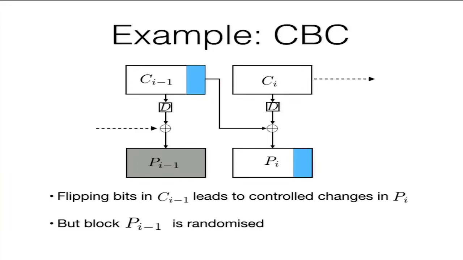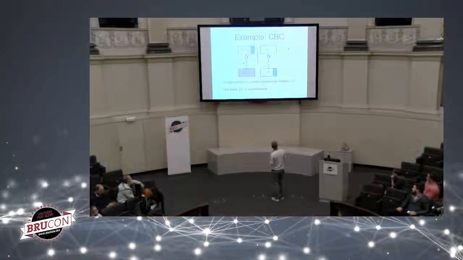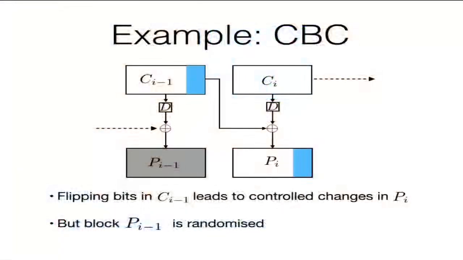We will decrypt it, which will then XOR with the block CI-2 to get back PI-1. And flipping a bit here obviously will corrupt decryption of this block. But you can see, by the way that CBC works, this will lead to controlled changes in the next block.